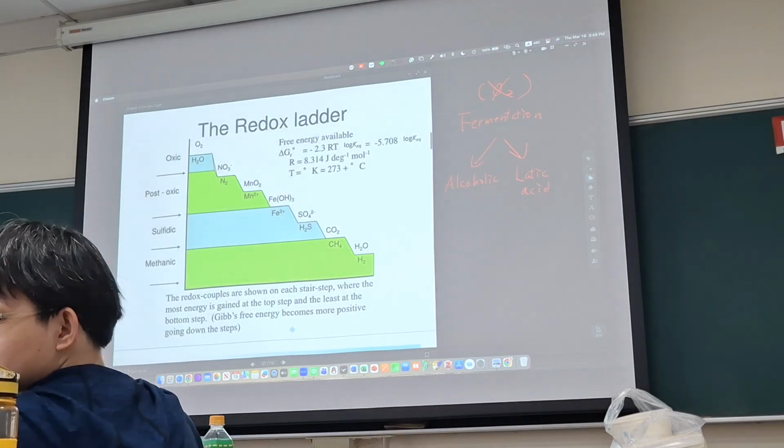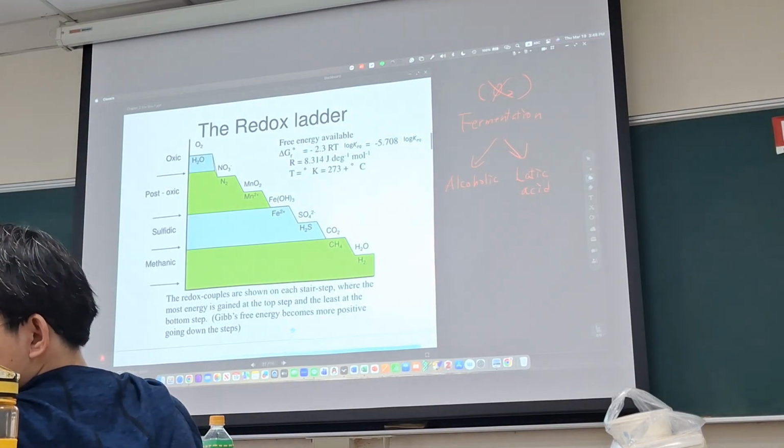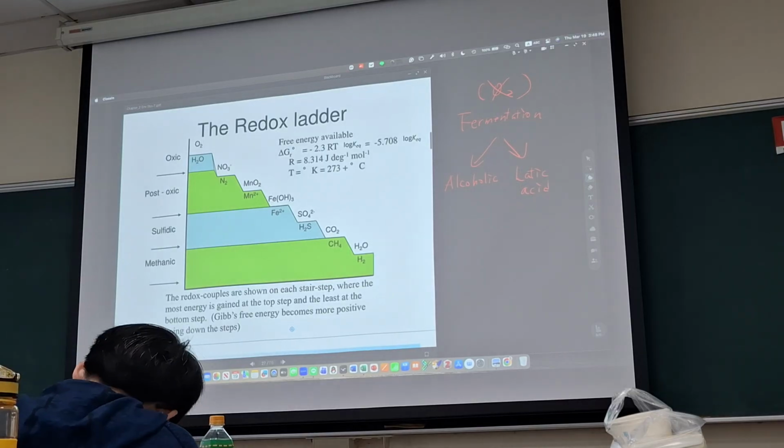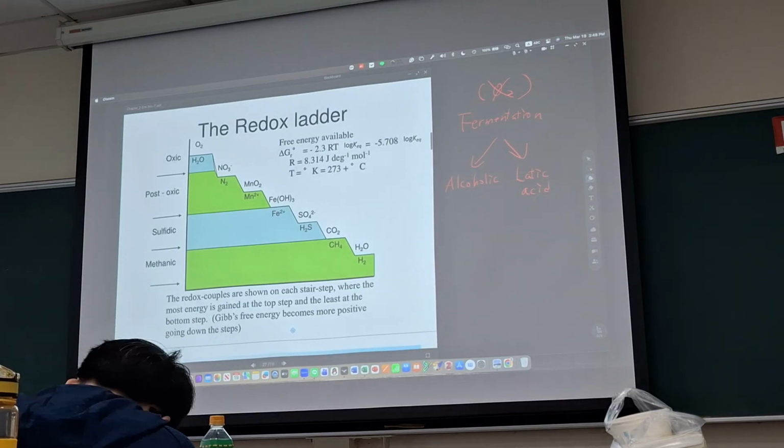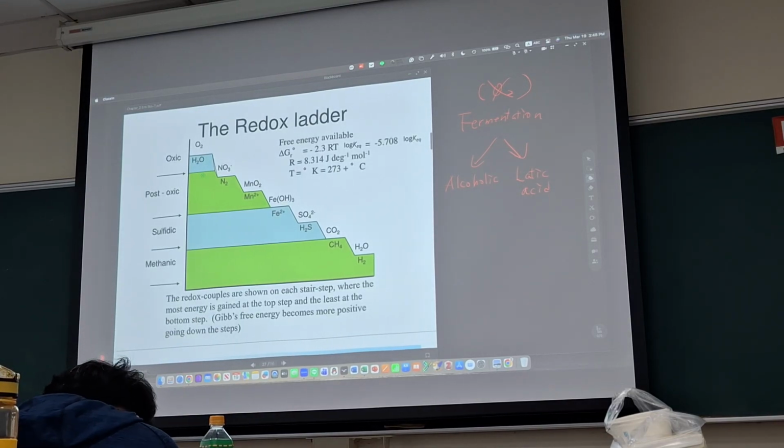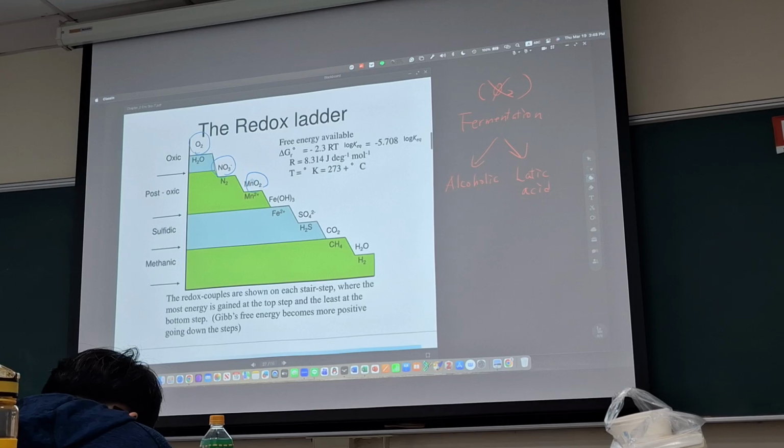So next, I would like to explain the so-called redox ladder. From top to bottom, you can see the oxygen, then nitrates on top of it.